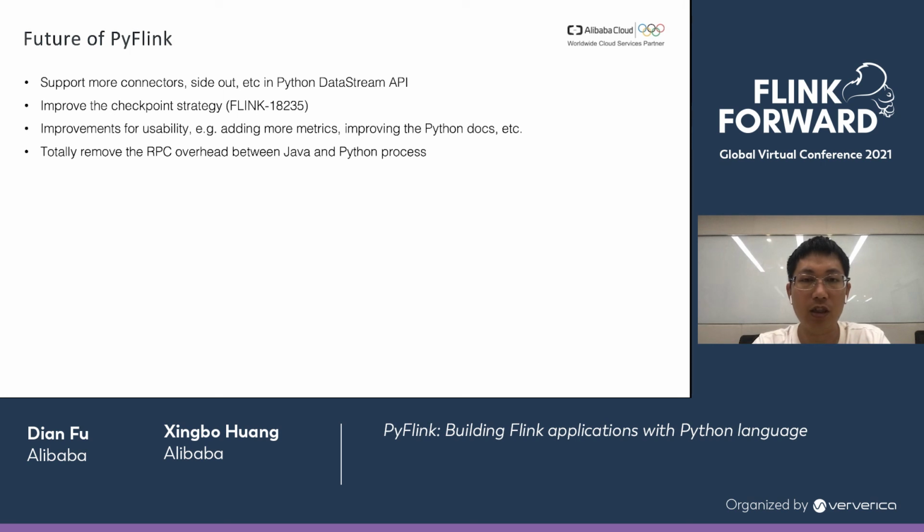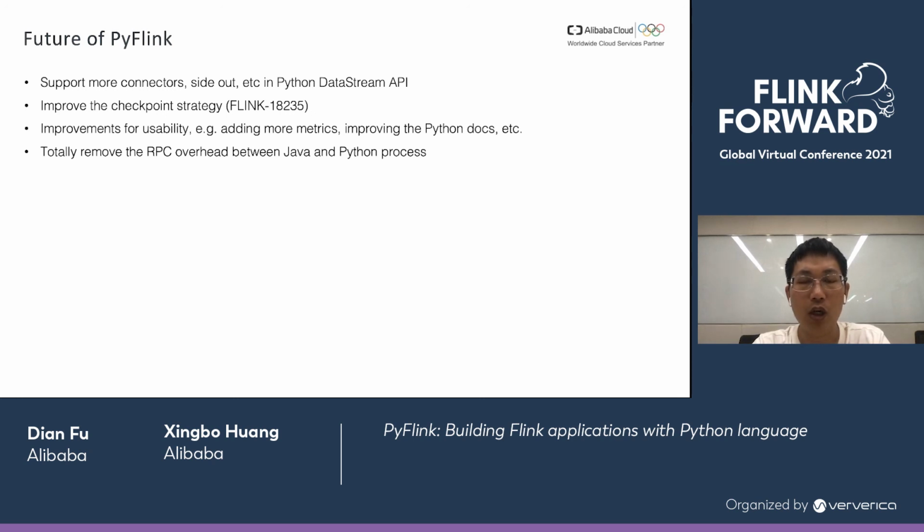This makes the checkpoint time very difficult to predict and causes checkpoint timeouts in certain cases. Besides, we will also spend more time on usability, for example, adding more metrics to show how much data is buffered in the pipeline, and the number of state requests received per second from the Python process. This would be helpful to identify performance bottlenecks.